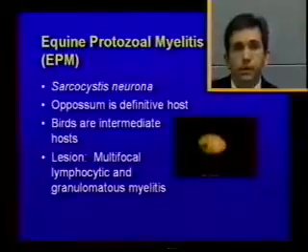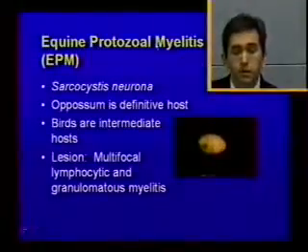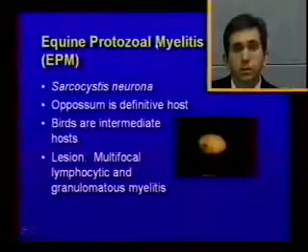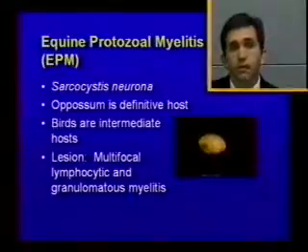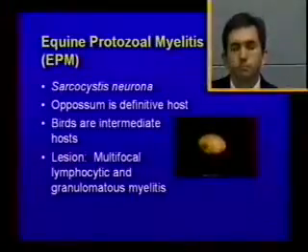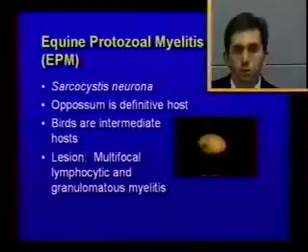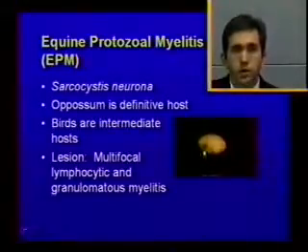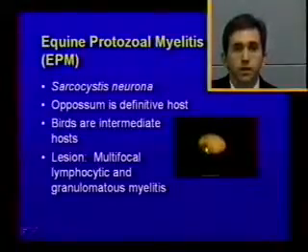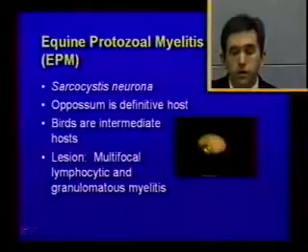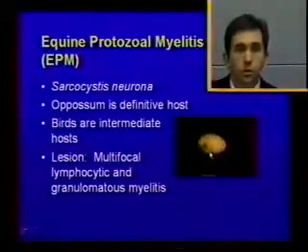They are thought to become infected by consuming the fecal material of the possum in their feed, and then the agent localizes within the spinal cord and causes a severe myelitis, or inflammation of the spinal cord. This figure shows a site of inflammation in a cross-section of the spinal cord. It's this dark area, and this is the cross-section of a spinal cord of an infected horse.